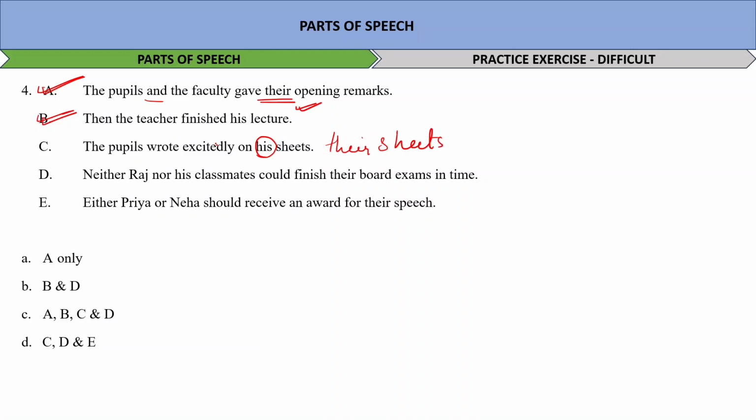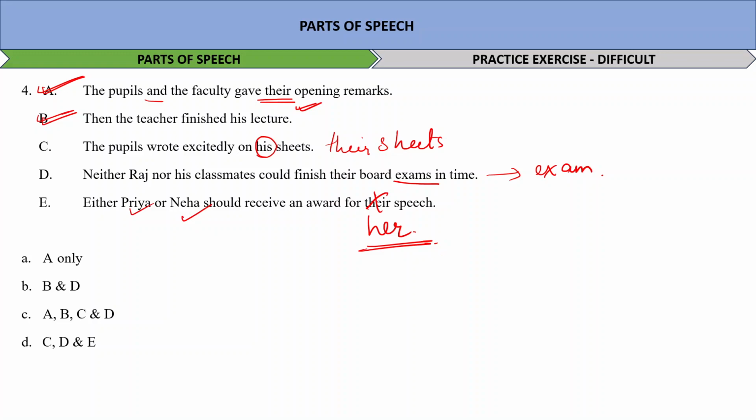Again, neither Raj nor his classmates could finish their board exams in time. So here it should be board exam and not exams. Again, either Neha or Priya should receive an award for her speech and not their speech. Any one of them will receive an award, right? So I'll pick any one of them and I'll use a singular pronoun here.